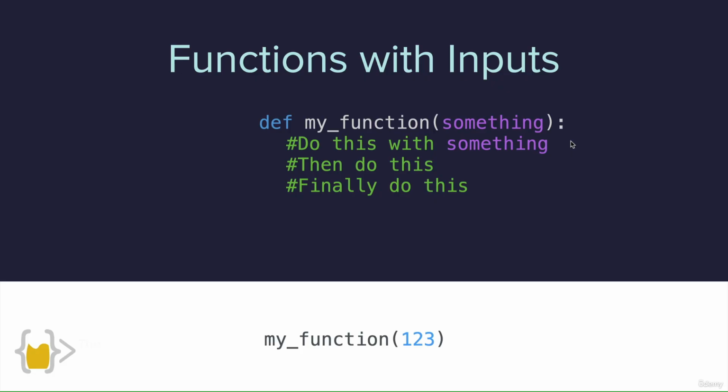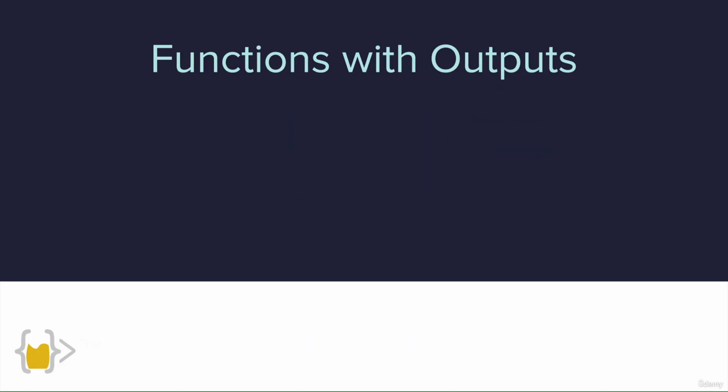We're now on to the final sort of flavor of functions. And these are functions which allow you to have an output once the function is completed. We start off with a simple function. And in this case, you'll notice that even though I could, I'm actually not giving it any inputs. The inputs and the outputs are completely separate from each other. So this is a normal function that you've seen many times now.